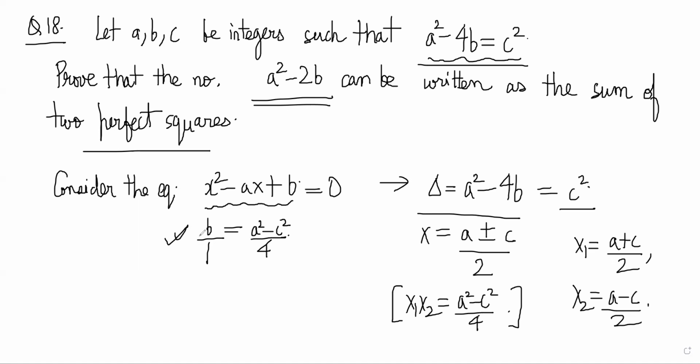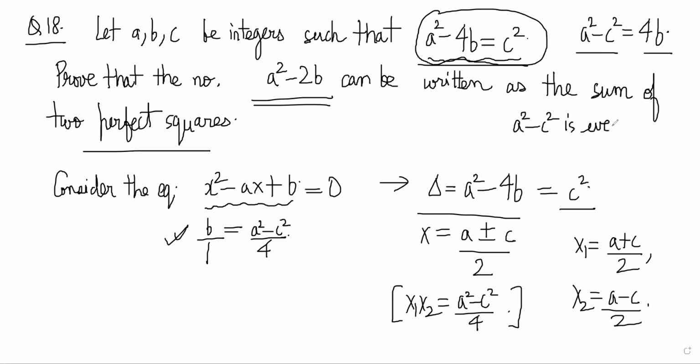So a square minus c square, from this relation itself, you know a square minus c square is equal to 4 times b. And a, b, c are integers, so a square minus c square is even, because it is 4 times b.